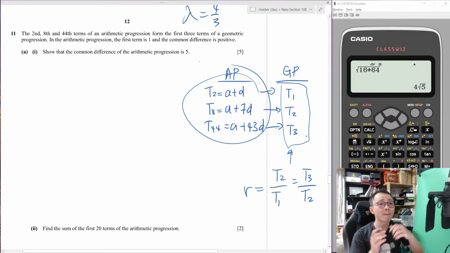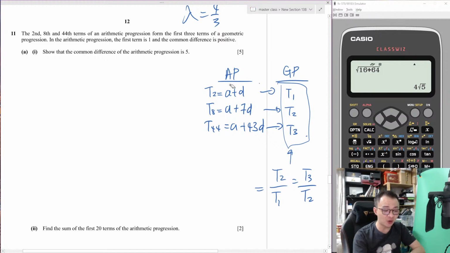I'm trying to find a way to form the equation, and from there I can solve it. Since A equals 1, I can change all my A into 1. This one is 1 plus D, then 1 plus 7D, and the last one is 1 plus 43D.